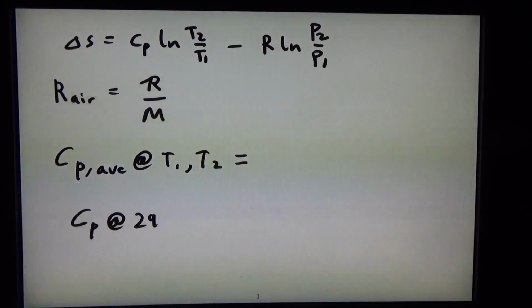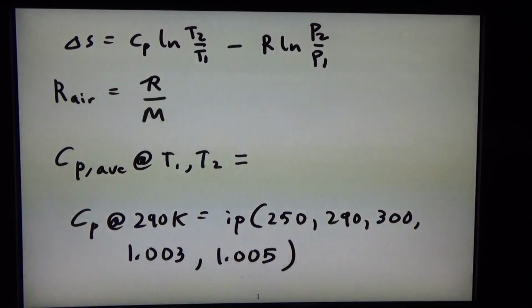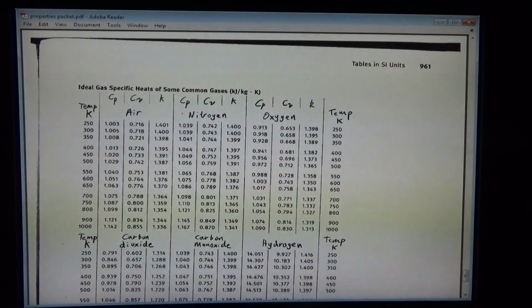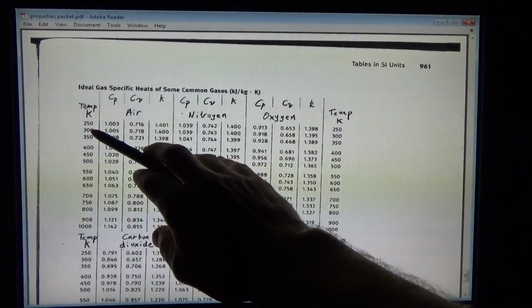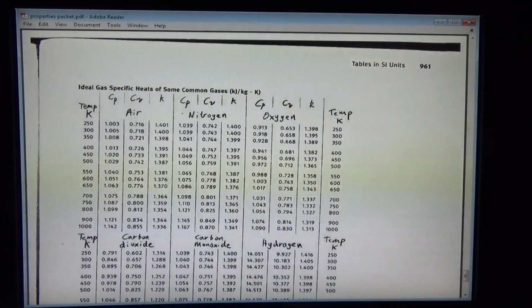We'll get that number here in a second. C sub P at T2, T2 was 330. So at 330 we're interpolating between 300, 350, 1.005, and 1.008.